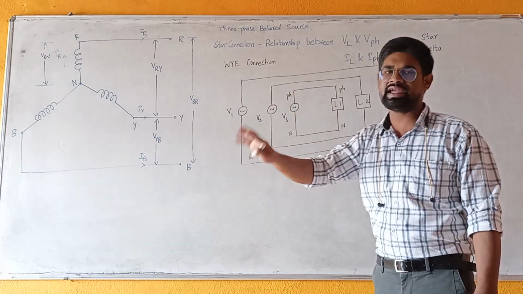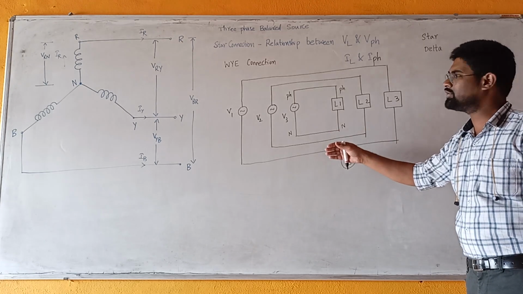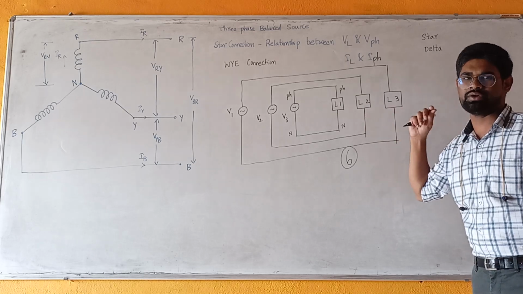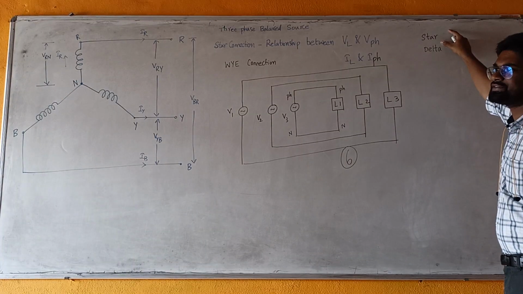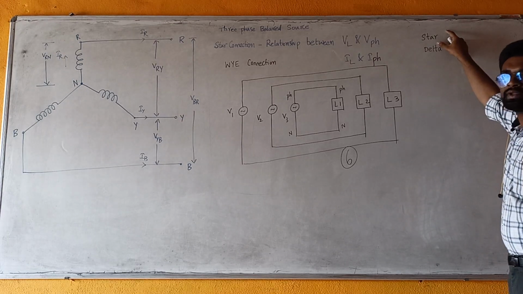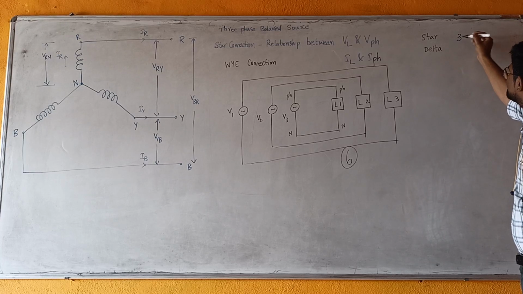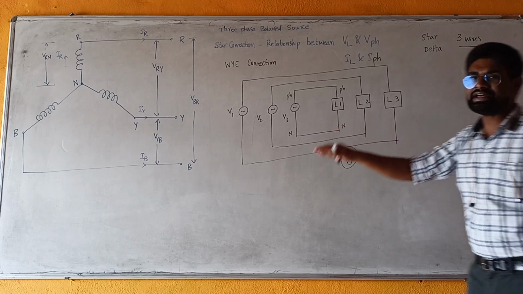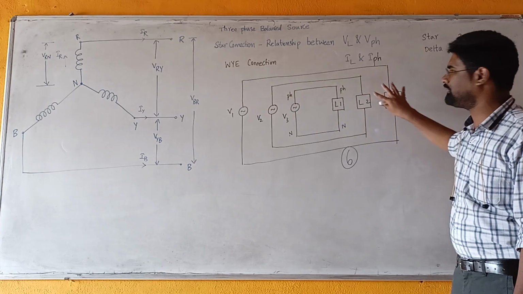So we have to design systems which reduce the number of wires for the interconnection of a three-phase source to a three-phase load, and such systems available are the star type of system and the delta type of system. In both the star and the delta type of system, we use 3 wires for the interconnection of three-phase source and three-phase load.